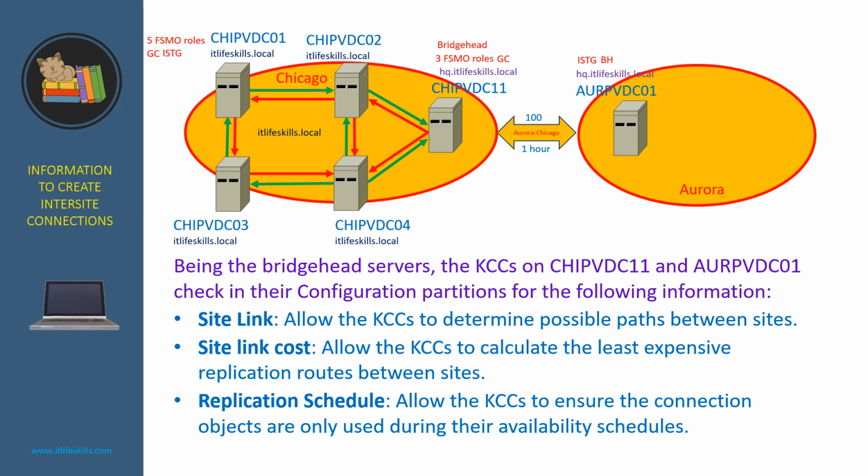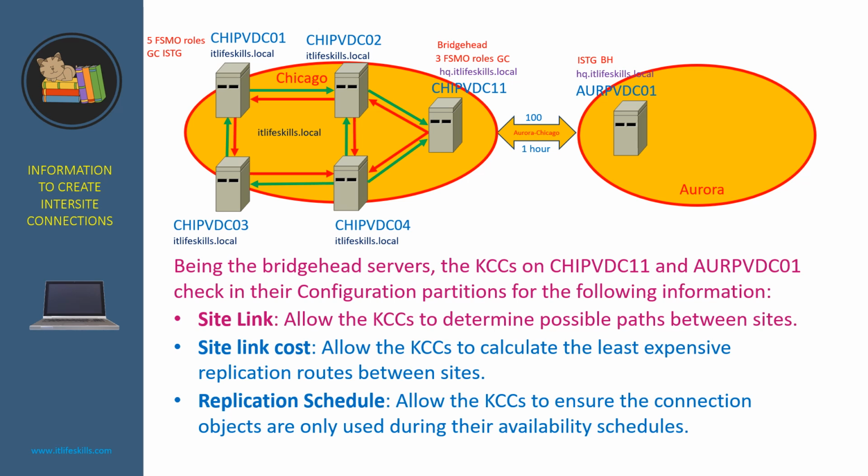Being the bridgehead servers, the KCCs on CPVDC11 and OPVDC01 check in their configuration partitions for the following information to create intersite connections. The first information is the site link. This is to allow the KCCs to determine possible paths between sites.